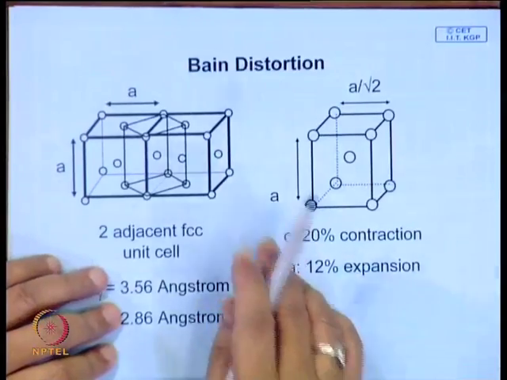So, in a collection of unit cells, if you have 50 atoms, there will be 1 atom of carbon. So, the number of carbon atoms with respect to iron is very small, and these carbon atoms occupy octahedral sites, which is shown over here.